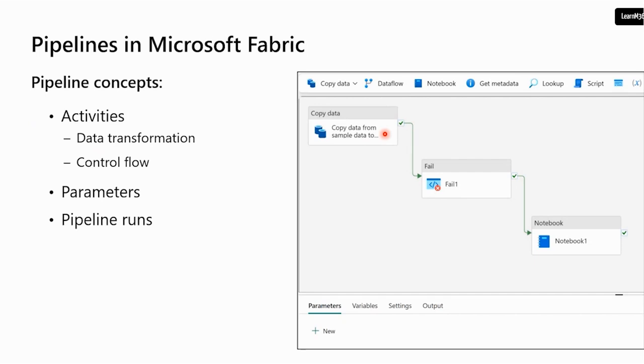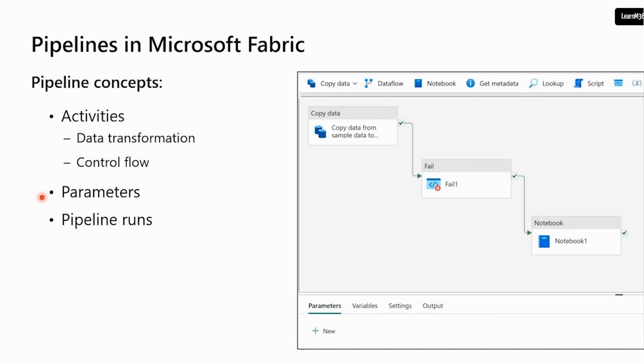We can use the outcome of a particular activity to redirect the flow to the next activity in a sequence, like this, where I have redirected it to the next activity. So this was an overview of the first core concept of a pipeline, the activity.